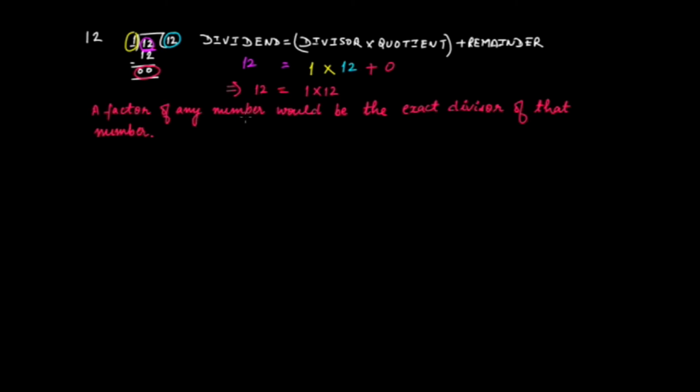So a factor of any number would be the exact divisor of that number. This is very important. And the exact divisor means that you will get the remainder as 0.